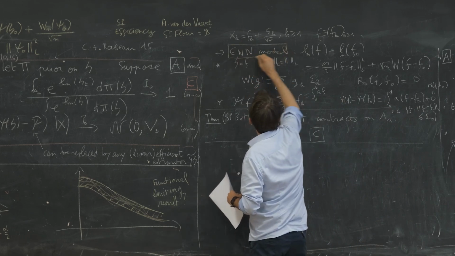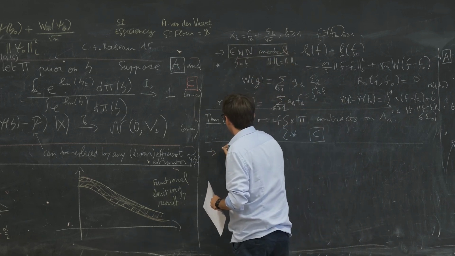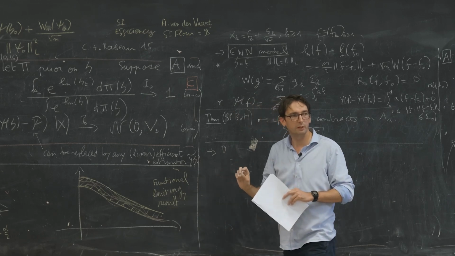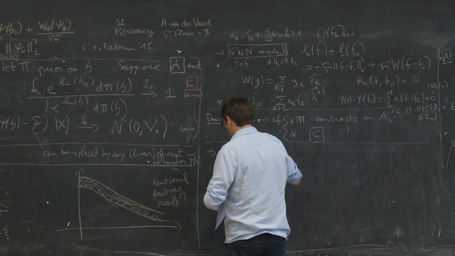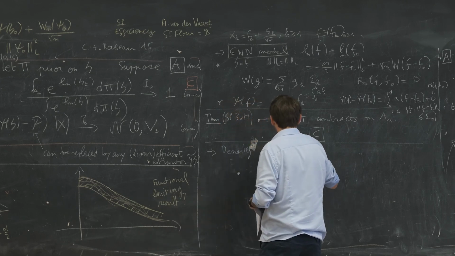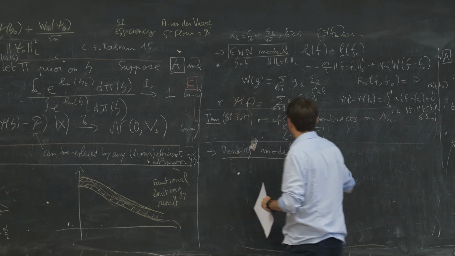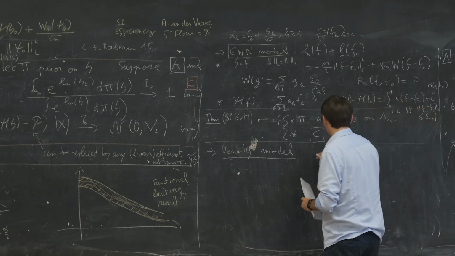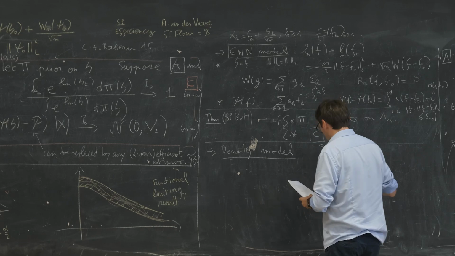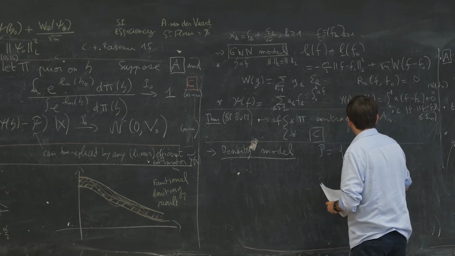Unless there are other questions, let's move now to the density model. In the density model, things are a little more tricky because you have densities, so you have normalizations.